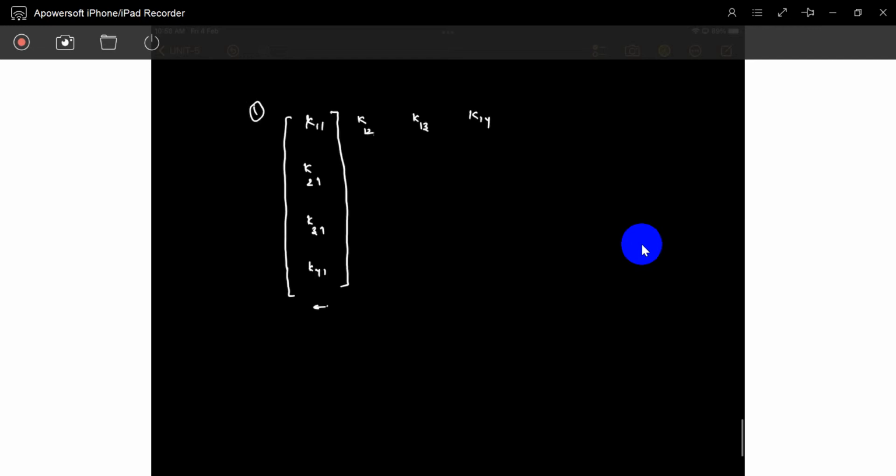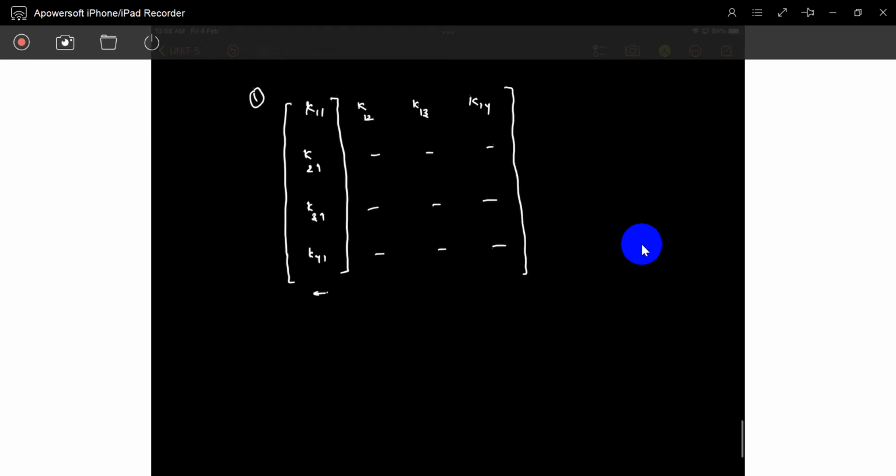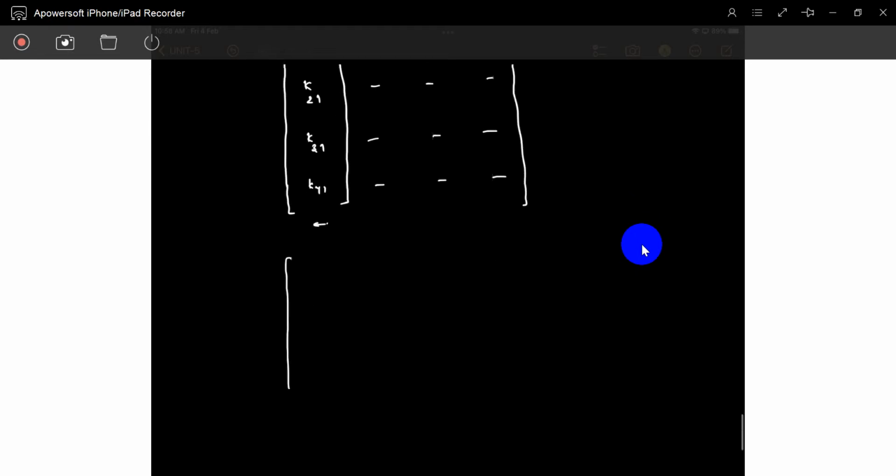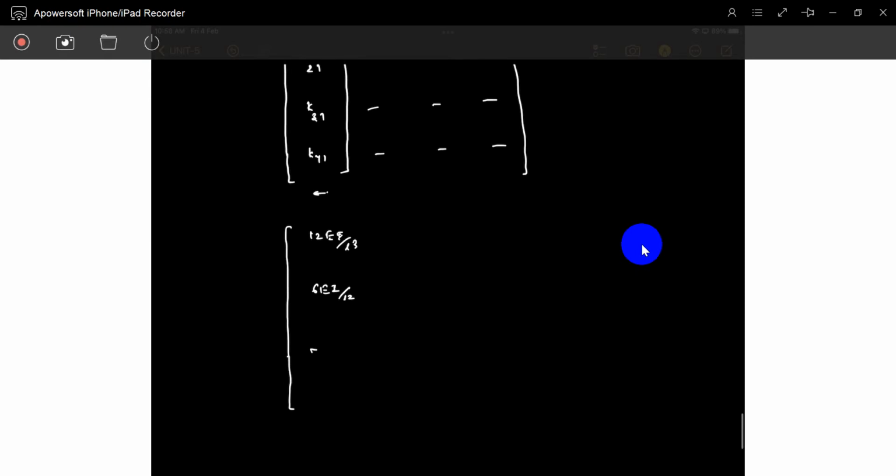So write down directly. No need of those things. Write down 12EA by L cube, 6EA by L square, minus 12EA by L cube, 6EA by L square. That's the first.